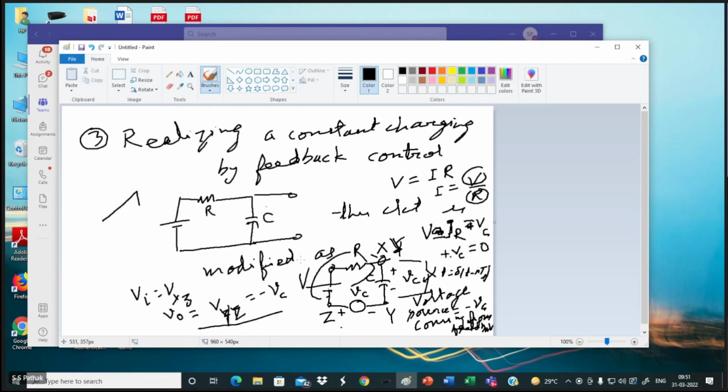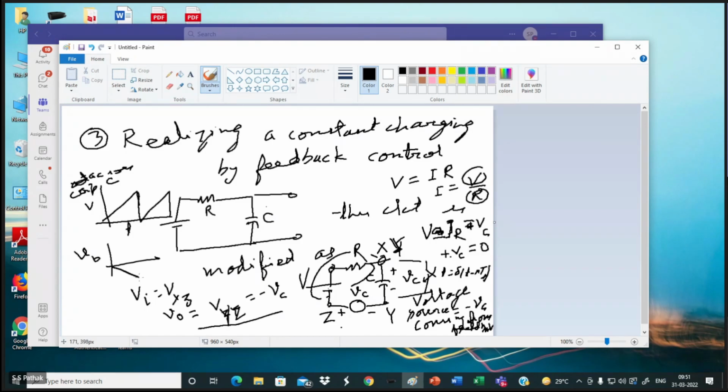So it will be closed like that, getting a sweep like this across the capacitor C. This is my V, this is my I. At the output, what is my V naught? V naught will have a negative flow, like that. So this is my V naught.